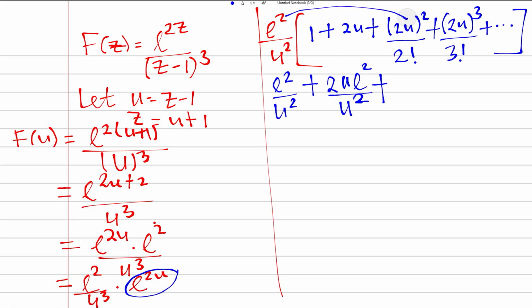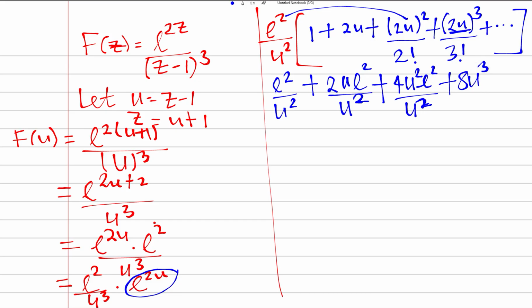We know this will give us 4u squared because of the all squared, then multiplied by e squared over u squared. Then plus this one will give us 8u raised to power 3.